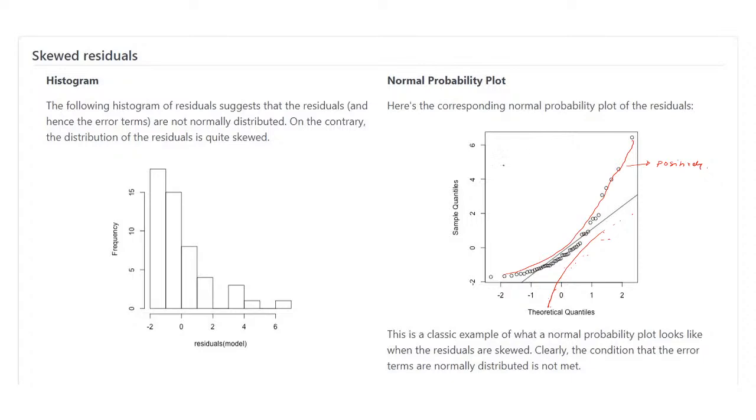For this example, the corresponding histogram looks like this, so from the histogram also, this is a positively skewed distribution. And if the pattern is downward, it is a negatively skewed distribution. So from the normal probability plot, we can say whether the distribution is symmetric, positively skewed or negatively skewed.